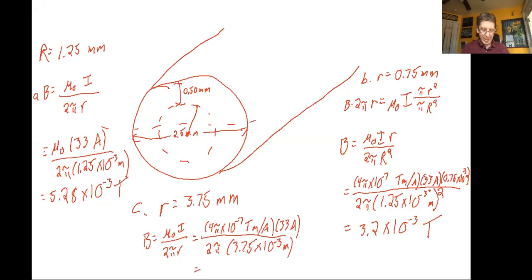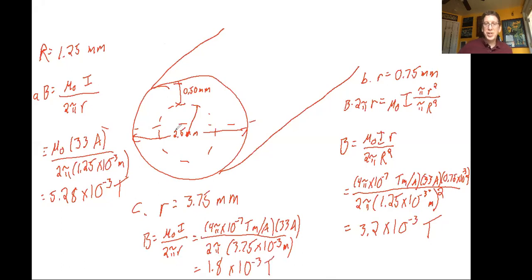So that's 2 times 10 to the negative 7 times 33 divided by 3.75 times 10 to the negative 3. And that gives 1.8 times 10 to the negative 3 Tesla.